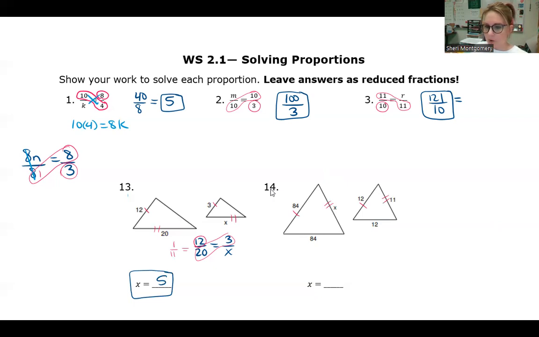So I'm gonna set up my proportion, side length 1 to side length 2. I'm gonna do it the same way. This will work the same way.